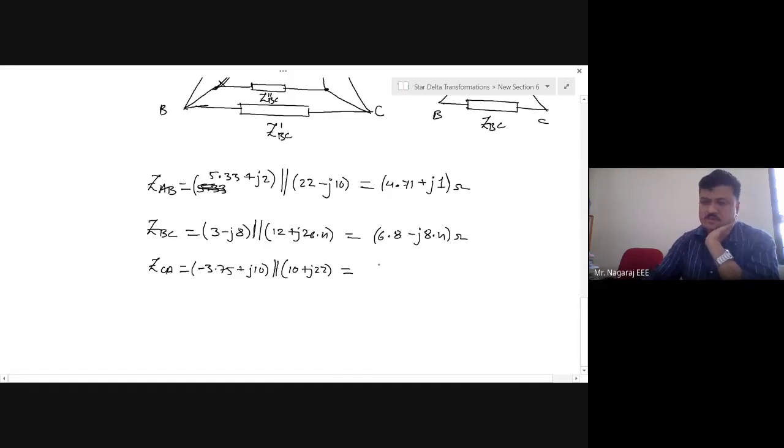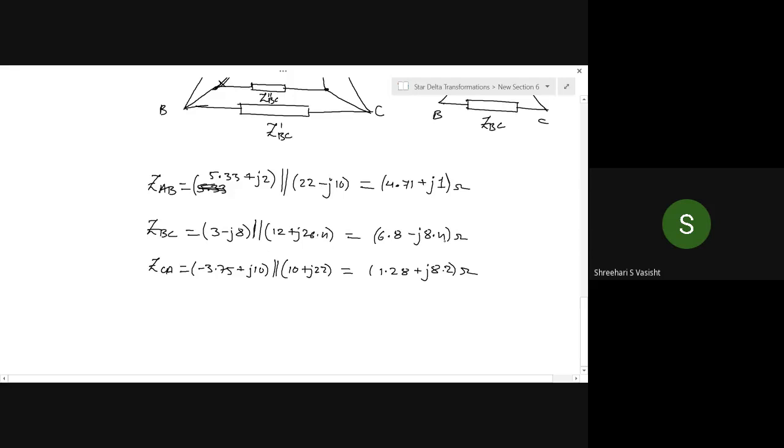ZCA is 1.28 plus J8.2. Are these values correct? You are getting the same values? Yes, sir.